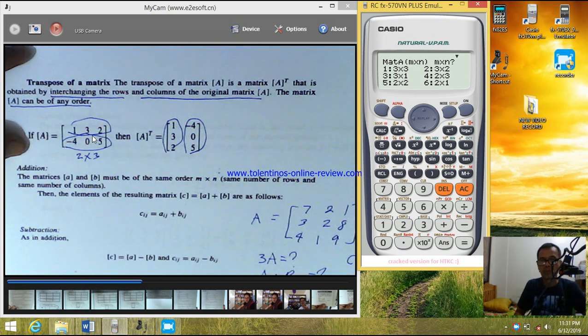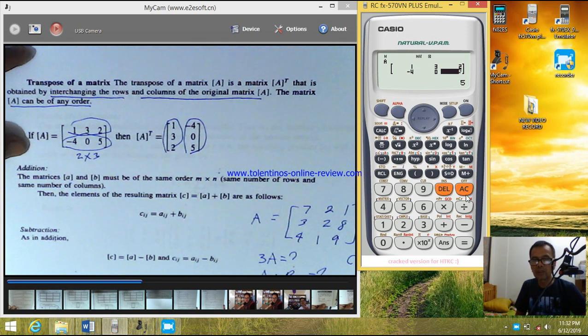Okay. So, yung 2 rows by 3 columns is number 4. Then input 1, 3, 2, negative 4, 0, and 5. Okay. So 1, 3, 2, negative 4, 0, and 5.